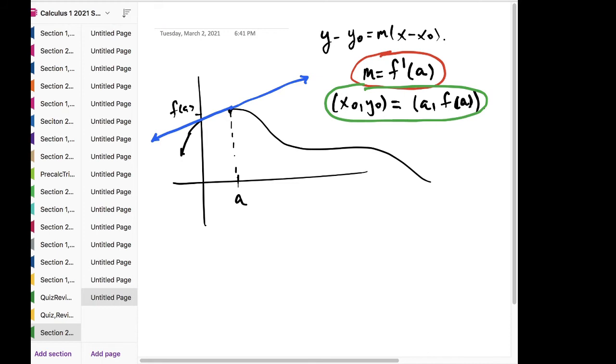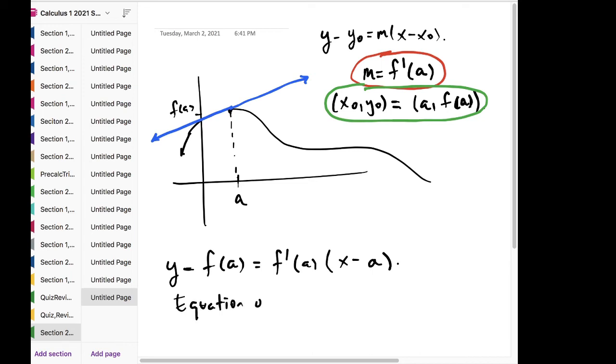So you could say the formula is y minus f of a, but I don't recommend memorizing this, because there's no need to if you know the equation of a line. So this is the equation of the tangent line at x equals a.